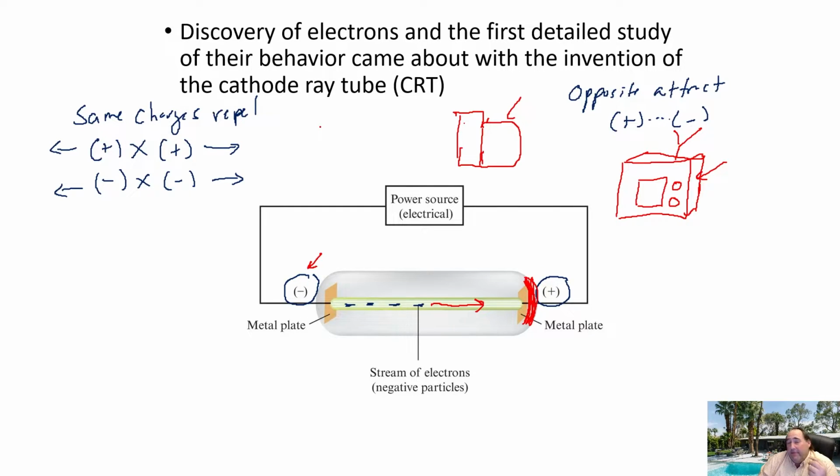So new monitors, flat screen TVs and stuff like that, don't have CRT tubes in them. They're a little bit different in the way they work. But old TVs and computer monitors used to have them. So we actually used them not too long ago still.